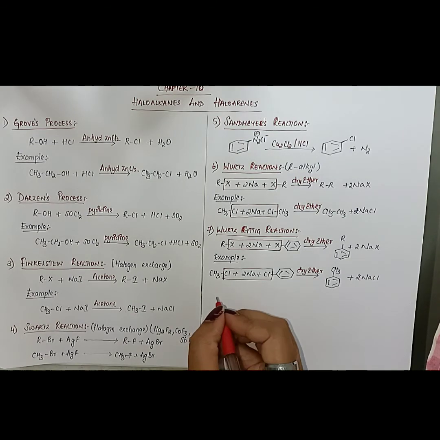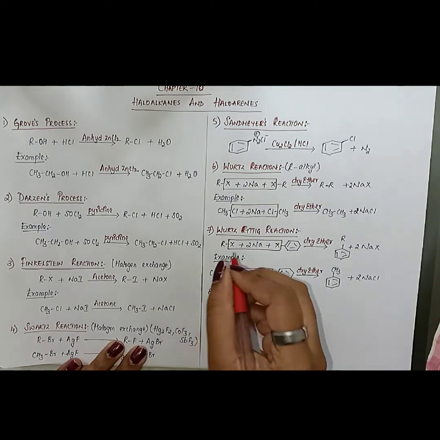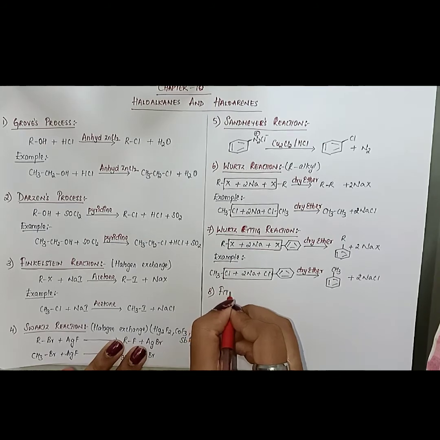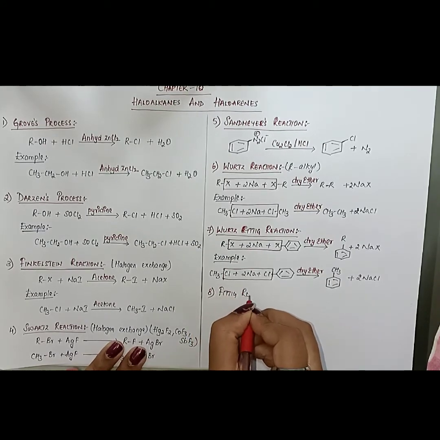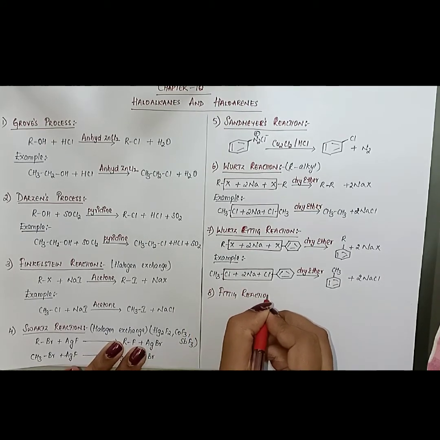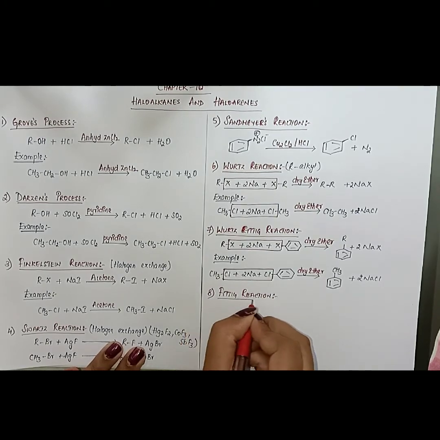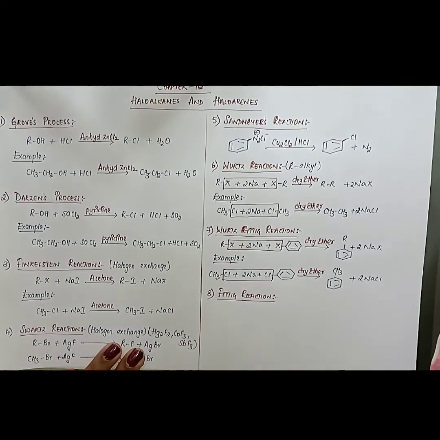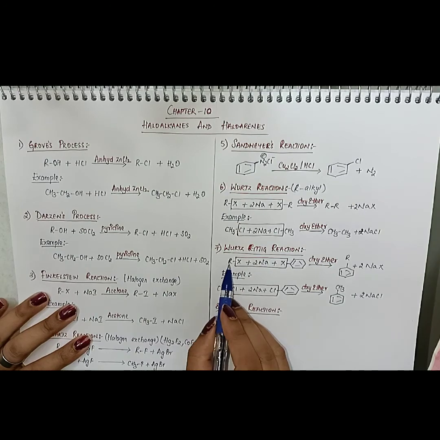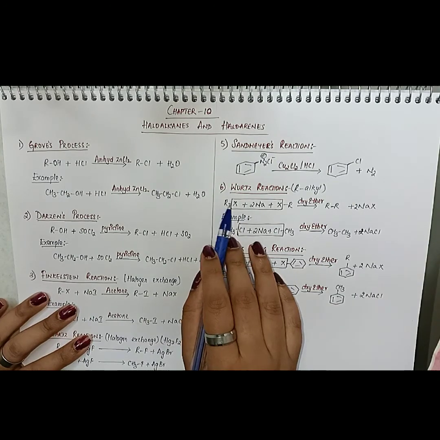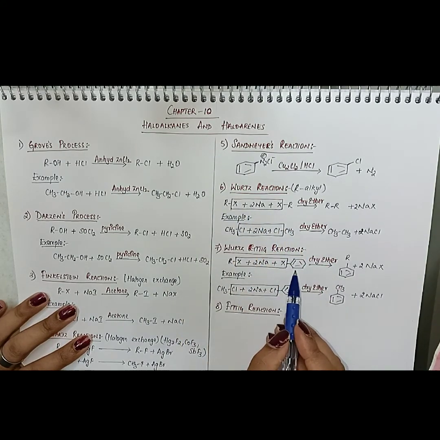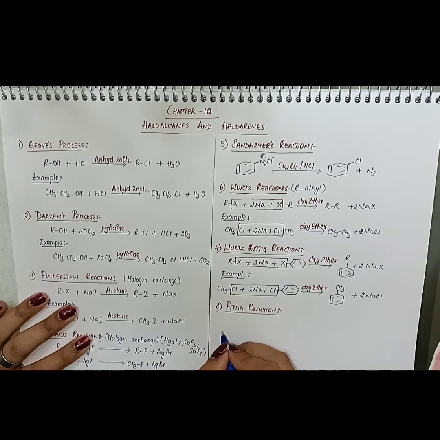Next, the last named reaction is another form of this, which is called Fittig reaction. Now, in the Fittig reaction, we need a benzene with a halogen plus 2Na plus another benzene group with a halogen, and this is going to be in the presence of dry ether.